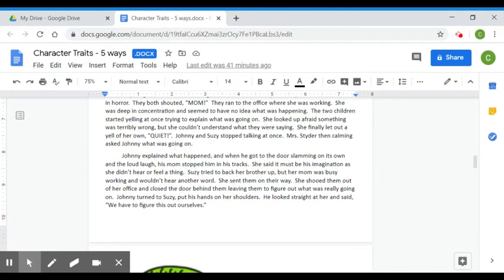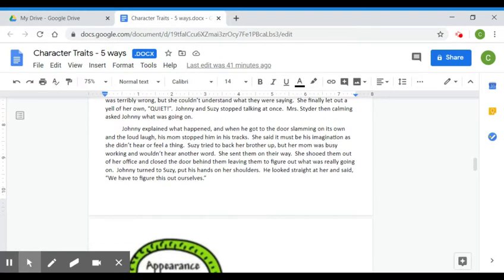The 2 children started yelling at once, trying to explain what was going on. She looked up, afraid something was terribly wrong, but she couldn't understand what they were saying. Finally, she let out a yell of her own. "Quiet!" Johnny and Susie stopped talking at once. Mrs. Stider then calmly asked Johnny what was going on. Johnny explained what had happened, and when he got to the door slamming on its own and the loud laugh, his mom stopped him in his tracks.